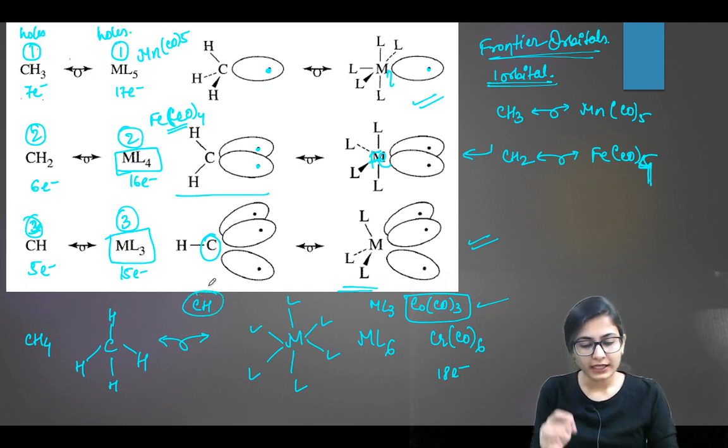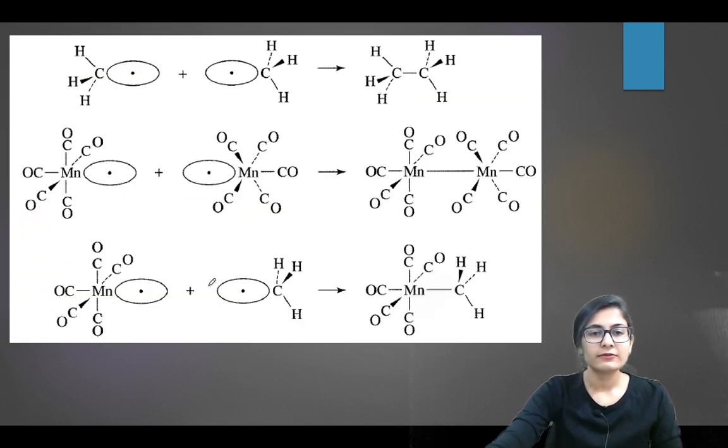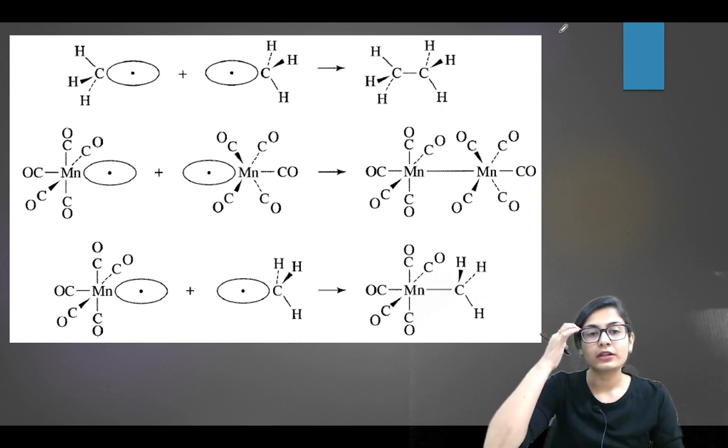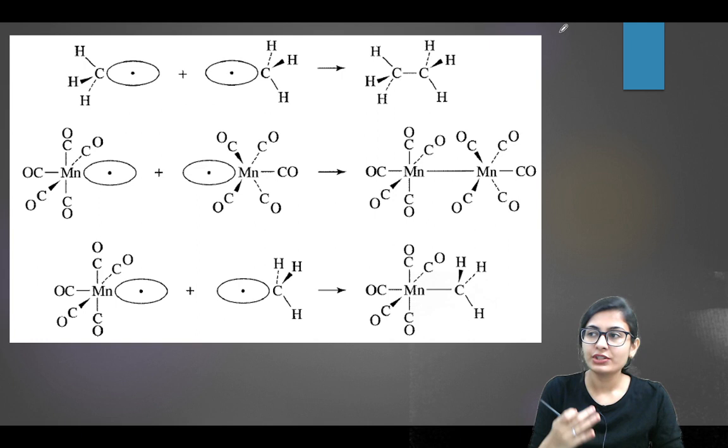Now I hope that this part is clear to all of you. Now guys, we move onwards to one very good replacement order. Basically we are looking at which fragment is going to replace, or get connected to, the metal. You just saw that CH3 has one hole.